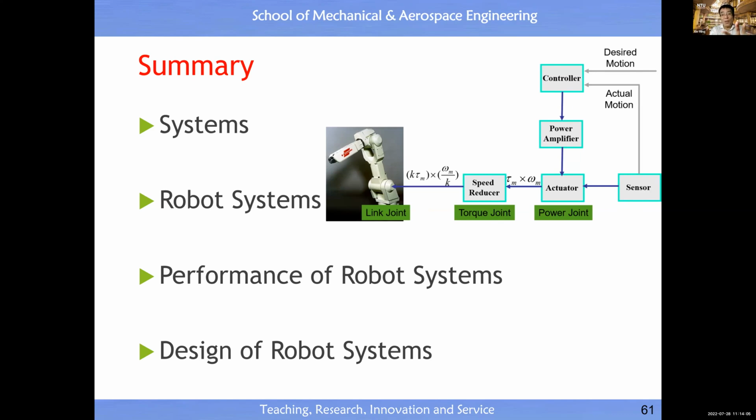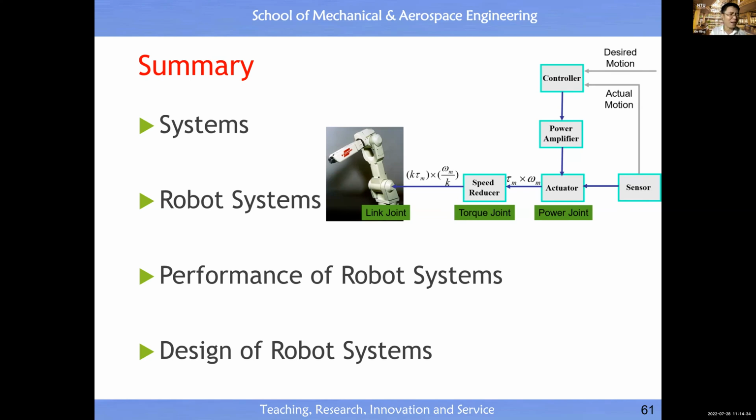Because here we know what should be the key considerations for us to design a mechanic system, control system, programming system, then we can build up the system, all right? Once we build up this motion system, and we understand what is input, what is output, the next question is how to transform input to the output, right? In the next lecture, I will give you an important answer, right?